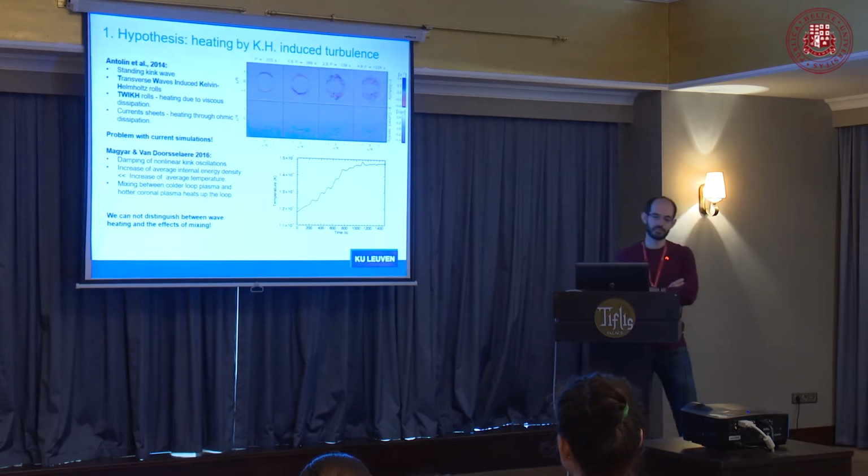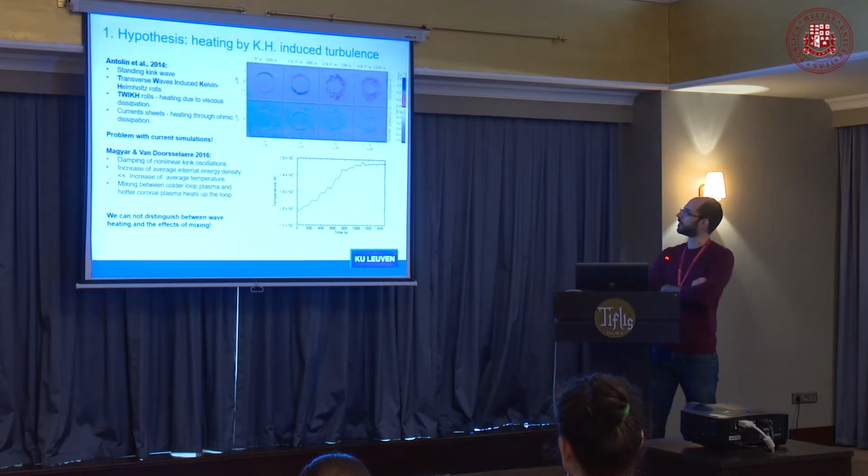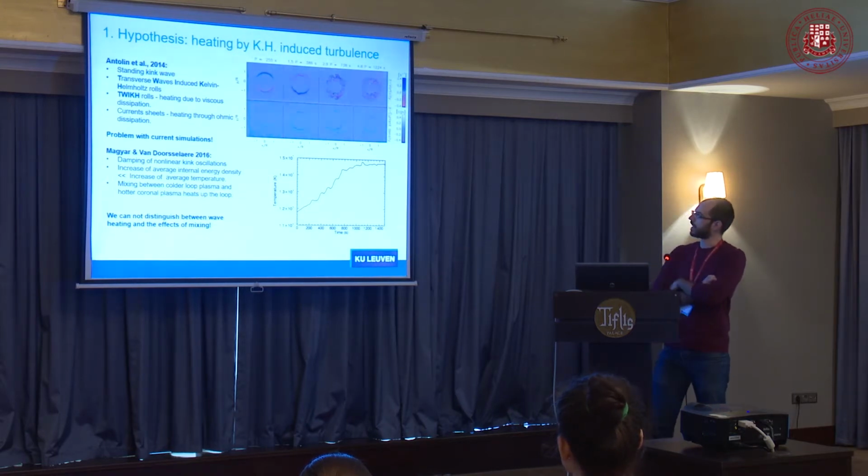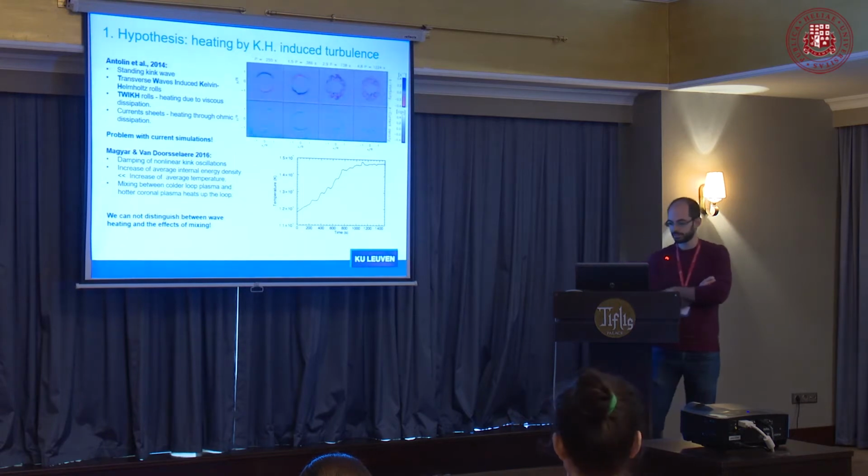The first picture we see is from that paper from 2014, and we show the development of the Z vorticity up top and the current density on the second panel.